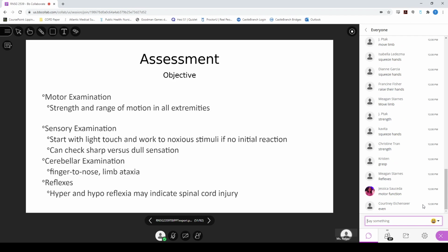If it's equal, that's right. So compare the strength, and if it's equal, either hand or both hands, by asking the patient to squeeze. You have them push against your hands with their lower extremities, so you can see what their strength is in their legs and their feet.